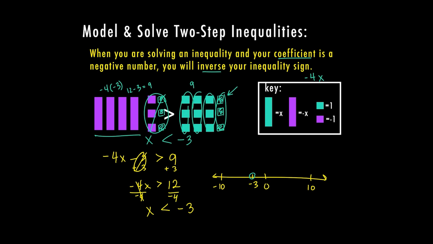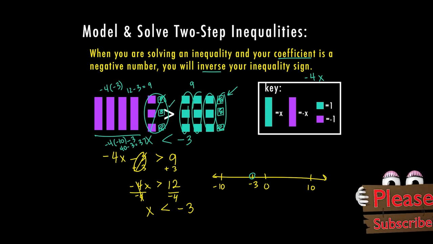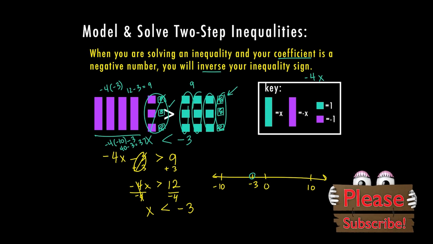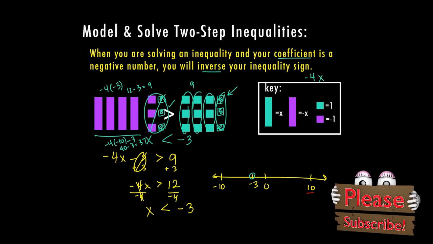If I plug in a negative 10, okay, I have negative 4 times negative 10 minus 3. Well, that equals 40, and 40 minus 3 equals 37. And I know 37 is greater than 9. So that one works. I'm going to change colors here. So what if we plugged in this positive 10?